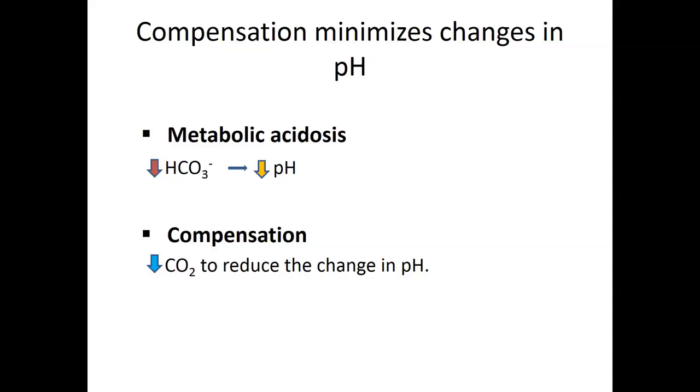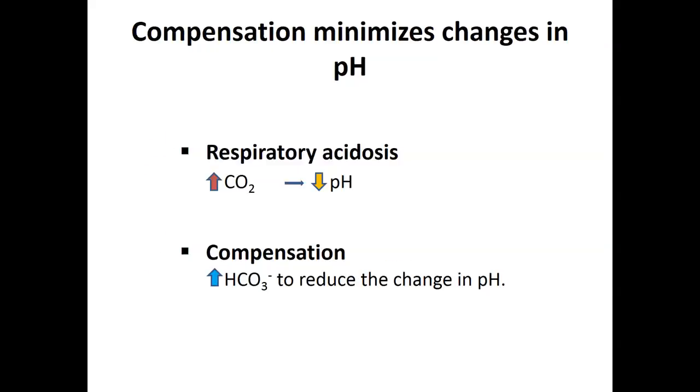Is that clear? Good. So now the respiratory acidosis, on the other hand, so the CO2 level goes up, pH is down, so you will compensate by increasing the bicarbonate. Your body will try to adjust the bicarbonate, basically by increasing the bicarbonate by getting rid of your proton through your kidneys.